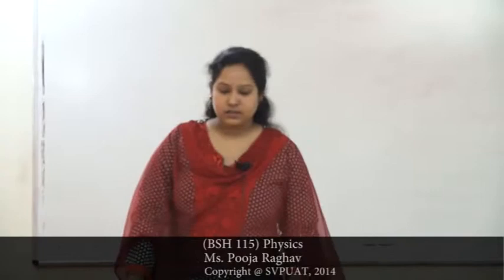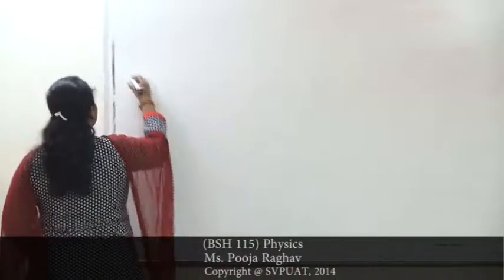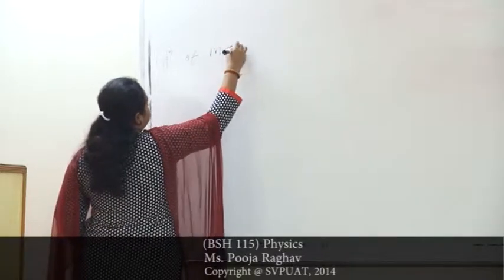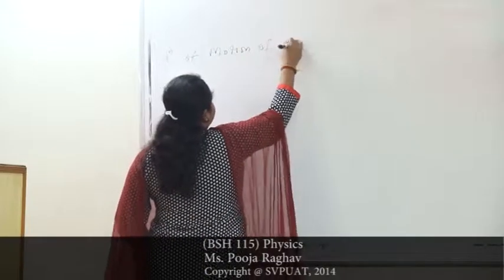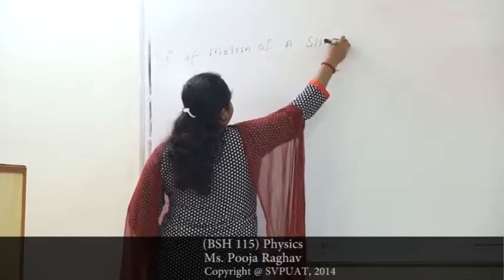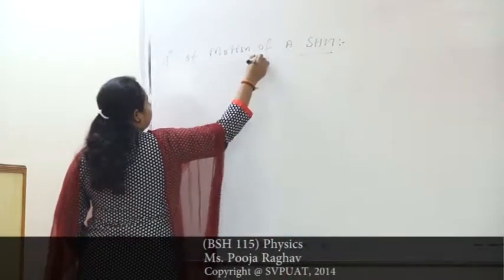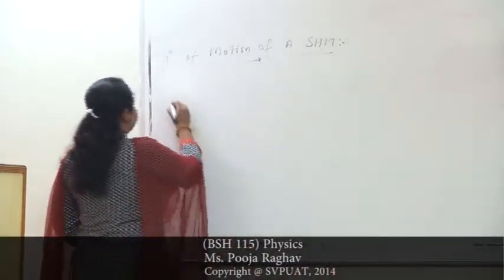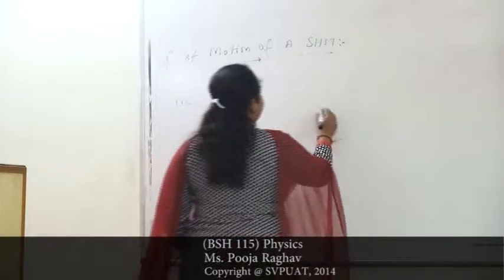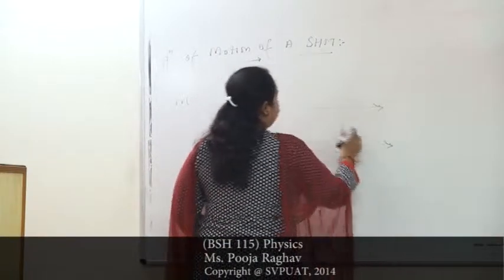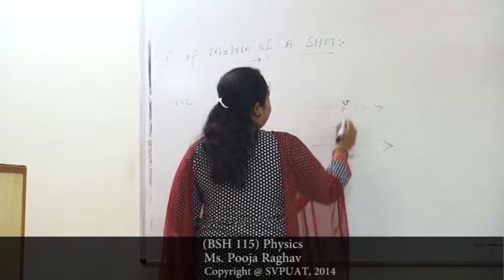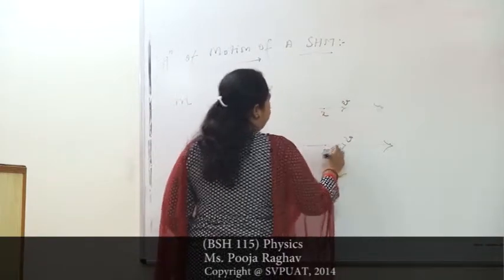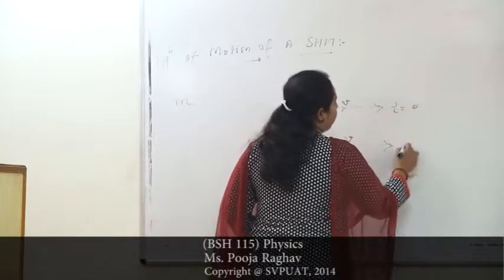The next topic is the equation of motion of a simple harmonic motion. Suppose a particle of mass m is moving with velocity v and displacement x at time 0 to time t.